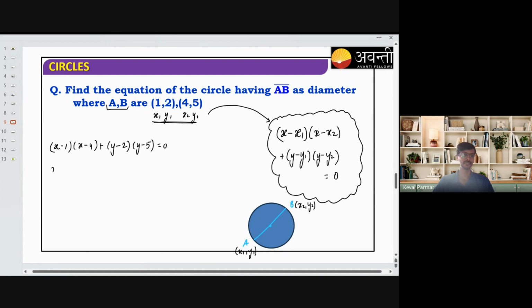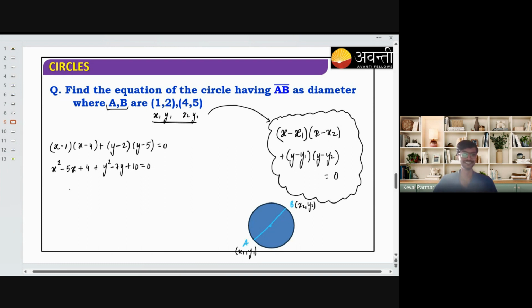So if you open the bracket, I'll get x square minus 5x. I'm skipping one step. x square plus y square minus 6x? How? It will be 5x, beta. See, 1 and 4, na? Plus 4 plus y square minus 7y plus 10 equals to 0. Right? Minus 1x minus 4x, so minus 5x.